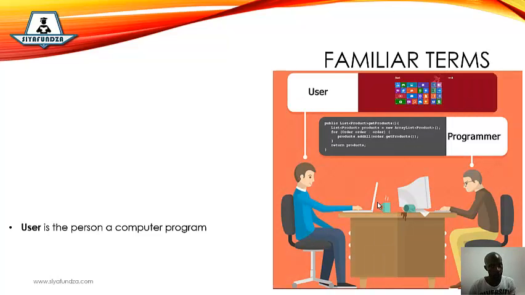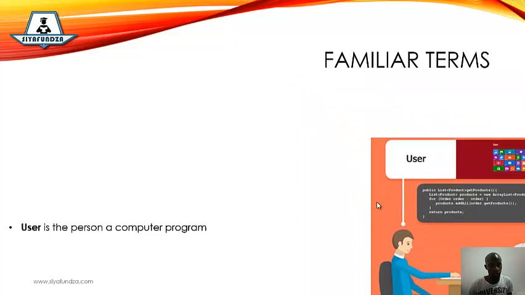And then we need to clarify. The user sees only the nice part, the finished product and things like that, while the programmer only sees lines of code, because that is what they are tasked to do. They write the lines of code that will end up being that beautiful application that you're using for your day-to-day tasks.